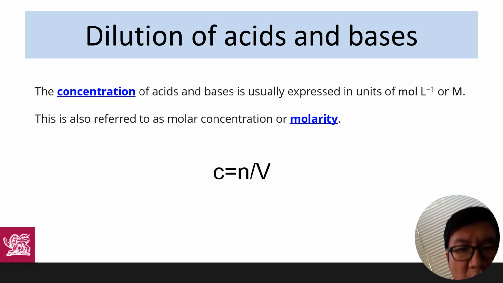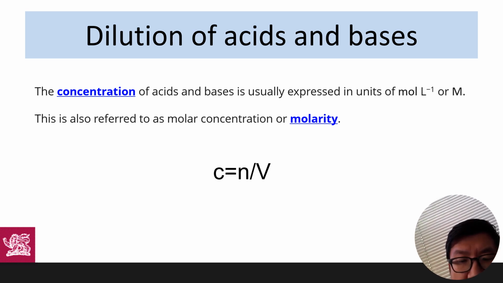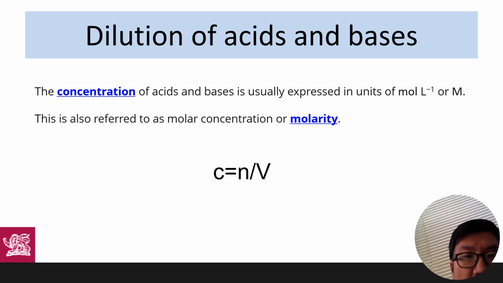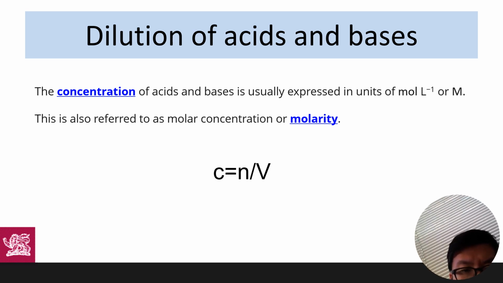Okay. On a side note, you can calculate the pH of a substance by looking at the concentration of hydrogen ions and using a formula, but that is something that we don't need to do. So I won't introduce that formula so that you don't get confused.